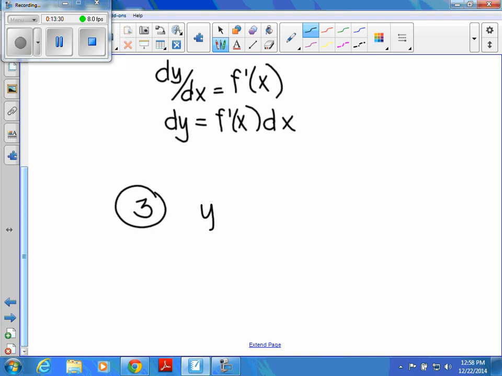They give you y equals x to the 4th minus 2x. Very basic polynomial. And they tell you x equals 2 and dx equals 0.06. They're going to give you all of that. What they want you to do is two things.